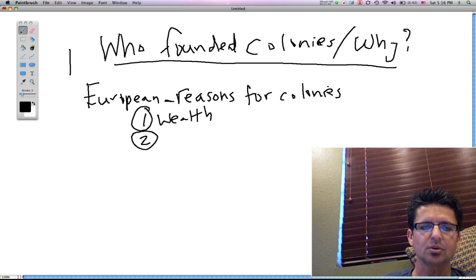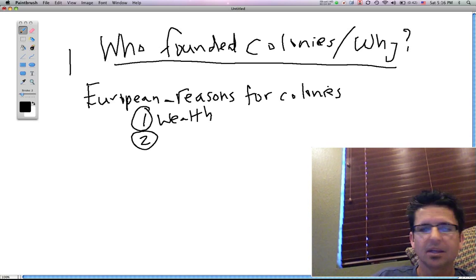But like their home countries, some settlers also hope to grow rich by owning their own land. In addition, okay, so that's basically repeating the last point, that they're getting rich. In addition, some settlers came to the colonies to escape persecution for their religious beliefs. So that's a whole other reason, not to get rich, but because they needed to escape persecution.